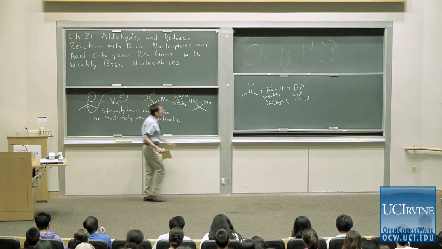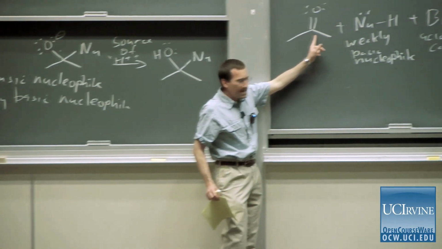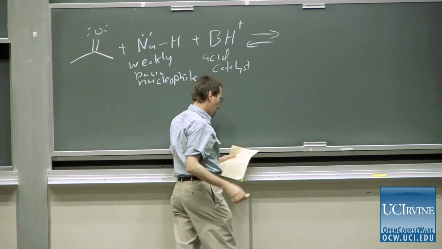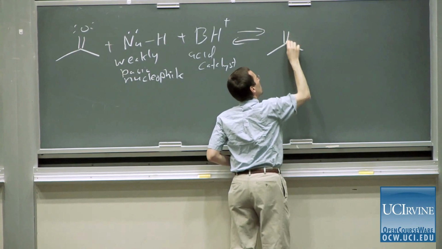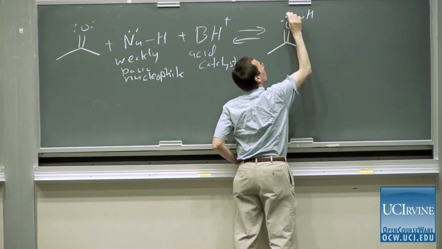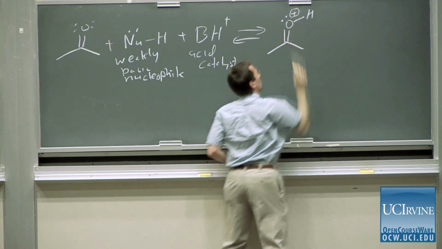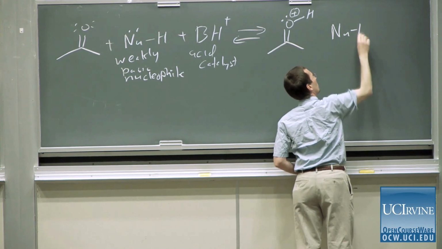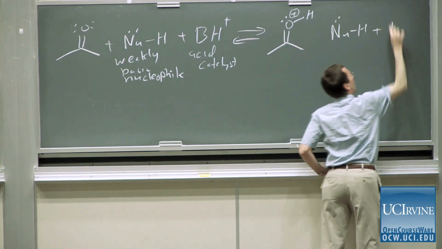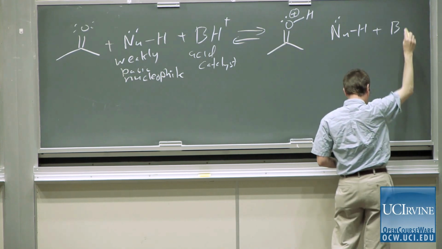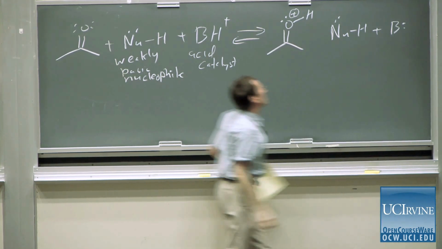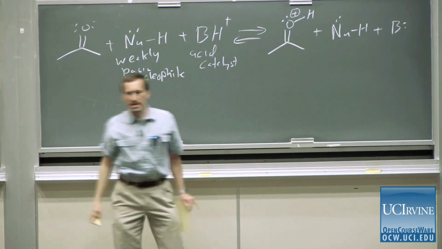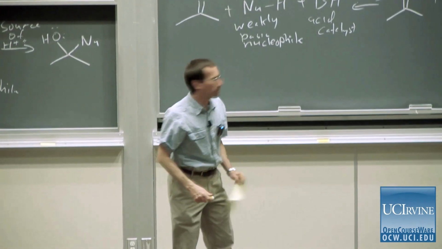But you can set up an equilibrium where the base protonates the carbonyl. And so I'll write this as an equilibrium where now you protonate the carbonyl. And of course, you still have your nucleophile H with its lone pair. And now you have your conjugate base. All right, at this point, now your carbonyl is a lot more electrophilic.